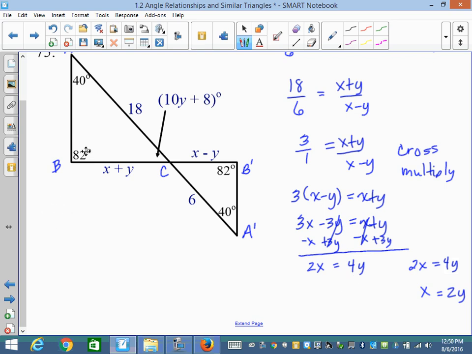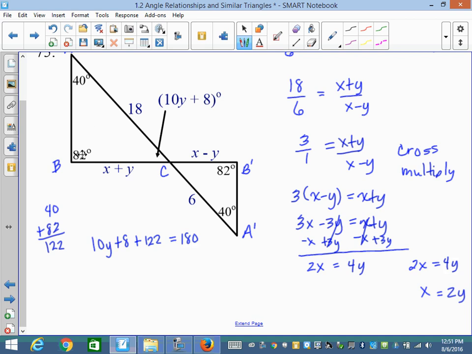We come up here going, I know that the angles of this triangle must add up to 180. And 40 plus 82 equals 122. So I have 10y plus 8 plus 122 must equal 180.